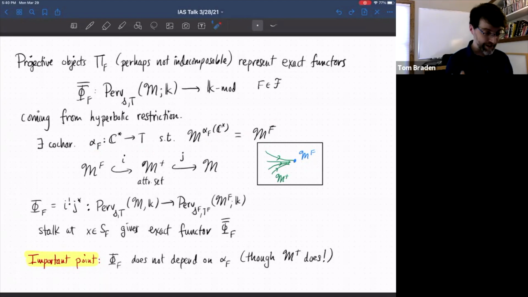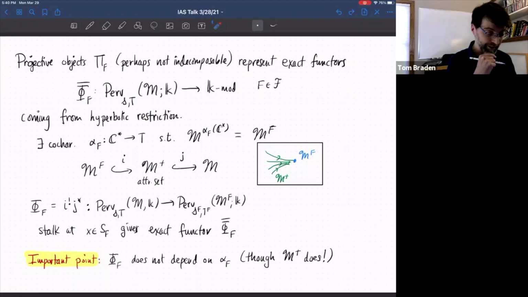And for any such closure there exists such a co-character, even if it's not co-loop free. And then you take the attracting set of this co-character and take the star restriction to the attracting set followed by the shriek restriction to the fixed point locus.